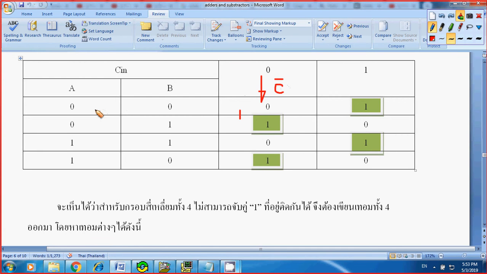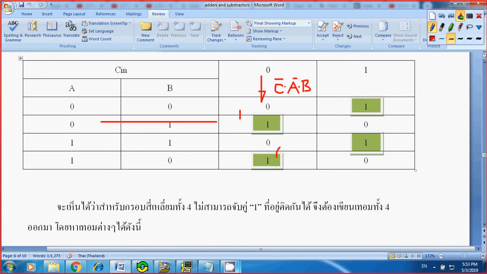Okay, and you look at this row from the left to the right. Your A is 0, so you need to put A bar as well. But for B input, the logic state is 1, so you simply put B, and you put the dot between them to represent that they need to use the 3-input AND gate.